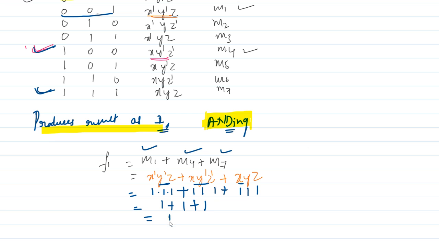So the result is 1. Here you understand that function f1 gives the result 1. Whatever the function, if you consider min terms such as m6, m8, m2 and add these, you will get the result 1 only. This is all about min terms. I hope you are getting it.